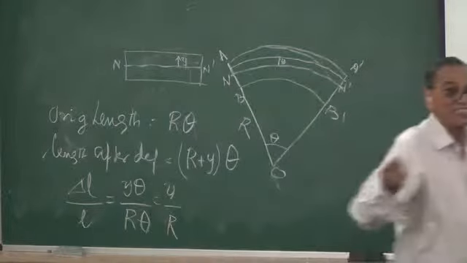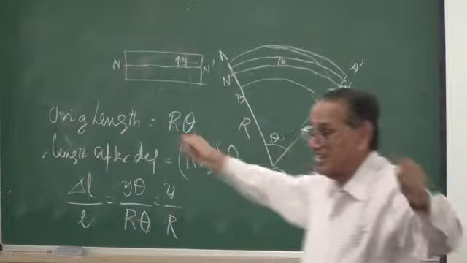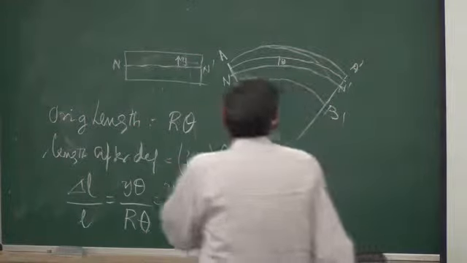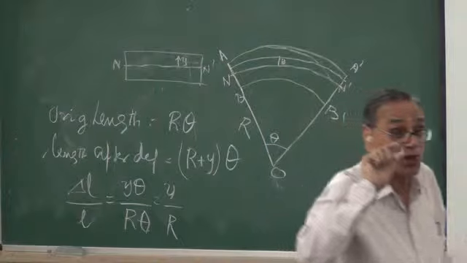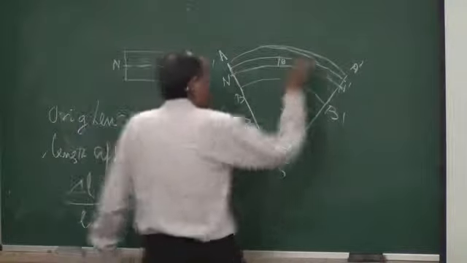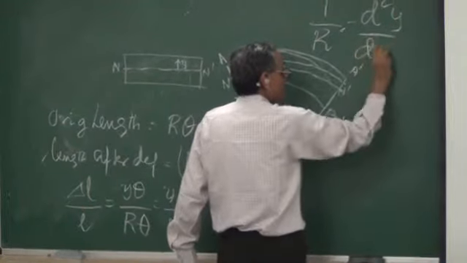So the longitudinal strain of a filament at a height y above the neutral line is y by r. y is positive above the neutral line, negative below the neutral line. So all lines above the neutral line are extended, all lines below the neutral line are contracted. Now if you give very small displacements, then the curvature 1 by r can be written as d square y by dx square.